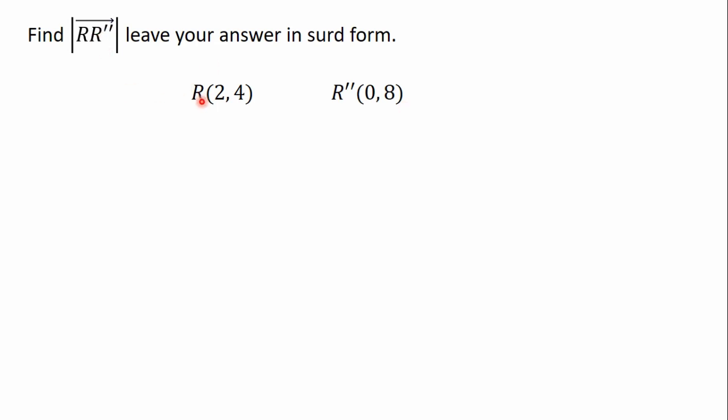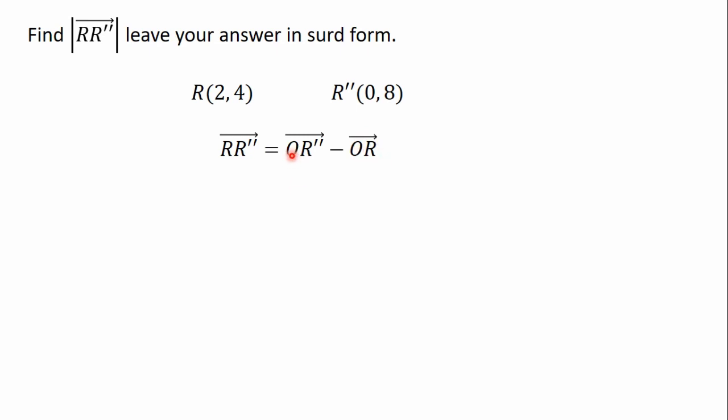So we have the coordinates of R to be (2, 4), and the coordinates of R double prime to be (0, 8). We can now find the vector. Then after that, we will find the magnitude of the vector. The vector R R double prime will be equal to the position vector of the point R double prime, which is written as the vector OR double prime, minus the position vector of the point R, which is written as the vector OR.